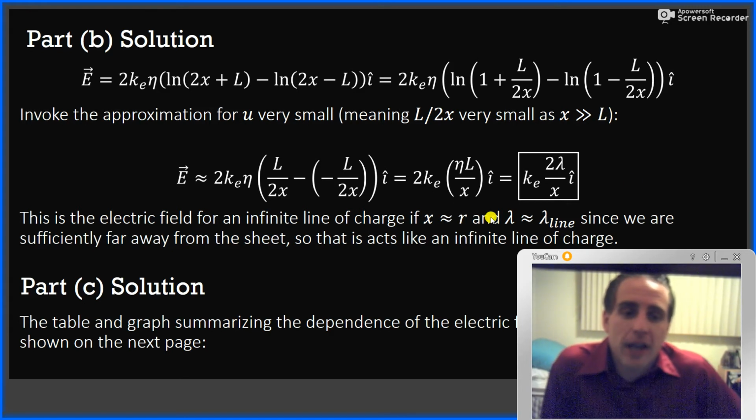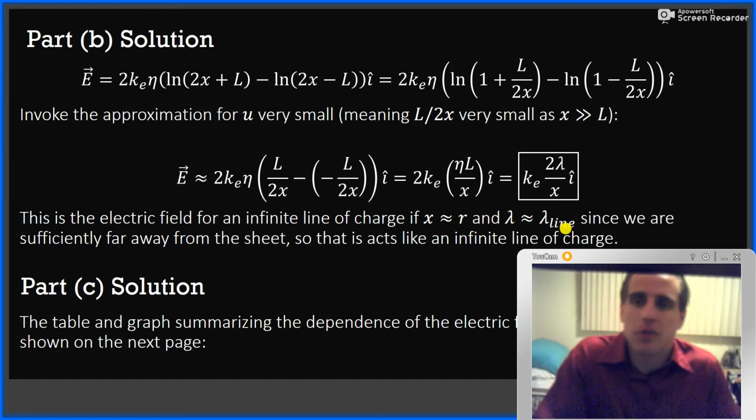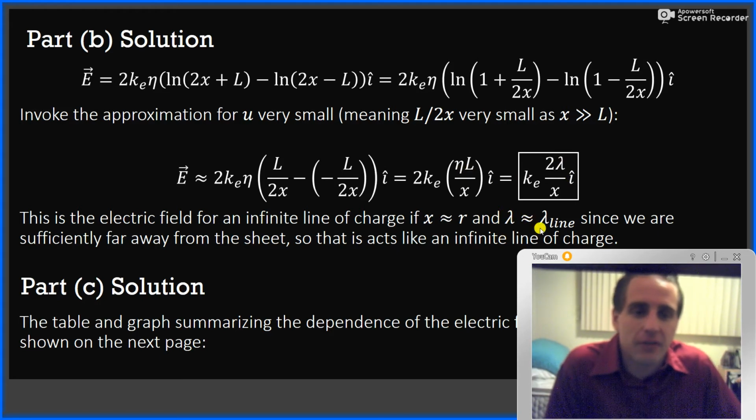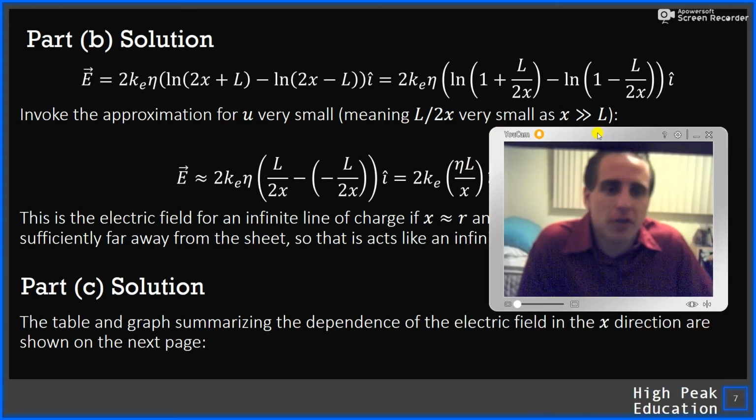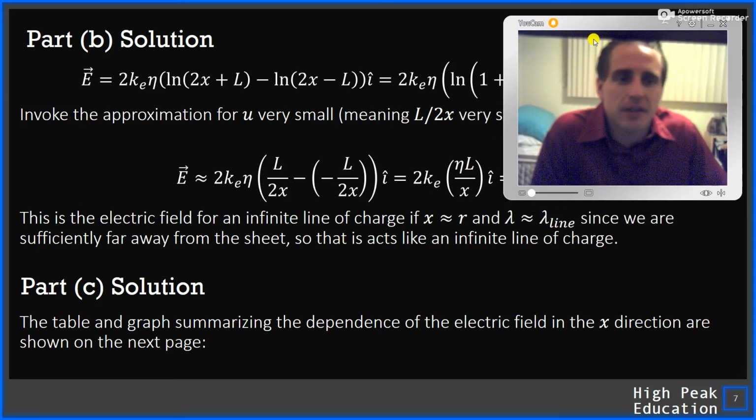And then again, we're letting this lambda, the charge per unit length of the strip, be the full lambda because we're saying the width of the whole sheet is very, very small. So the entire thing looks like an infinite line of charge. So that's what it should approach, and that kind of makes sense.